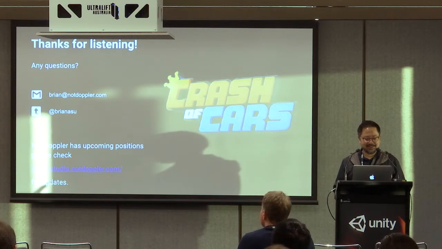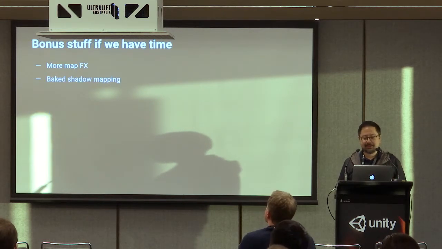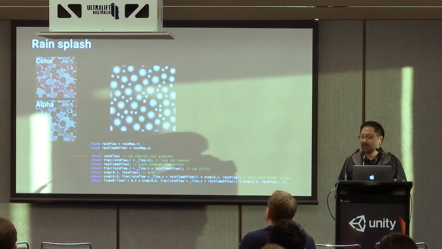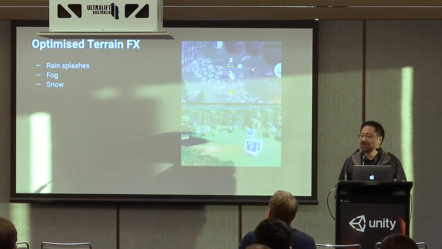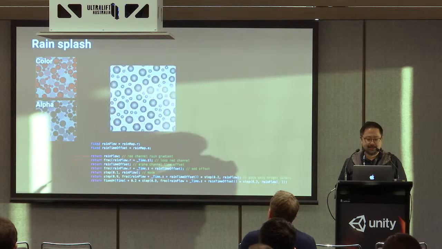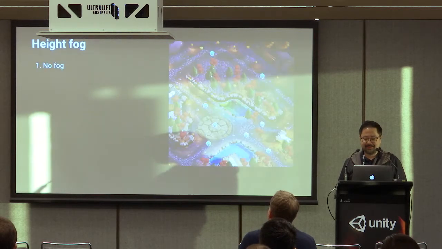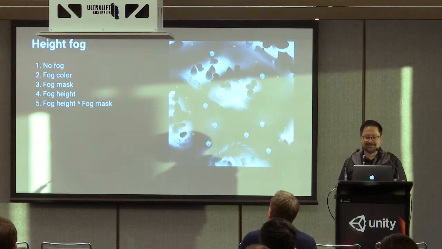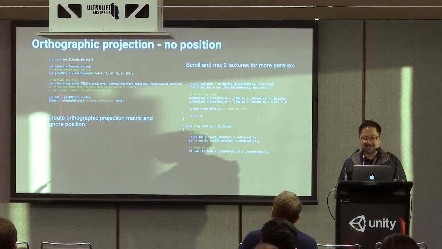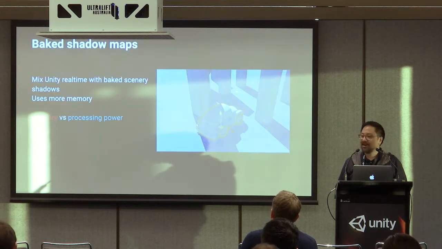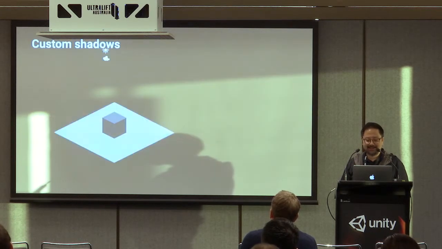So just quickly, if you do get the slides, there's a lot of bonus stuff here, like how we did rain effects, then a lot of other fun stuff like height fog, and screen aligned particles, then making your own baked shadow maps.